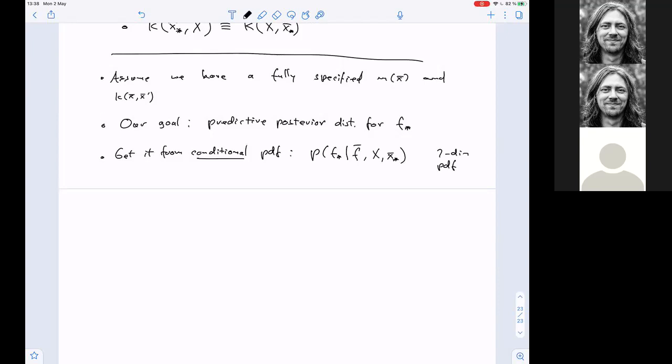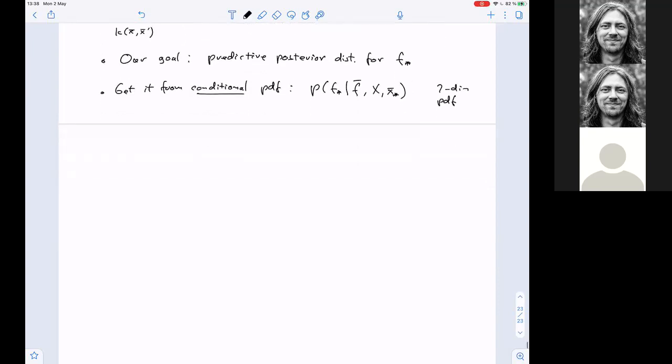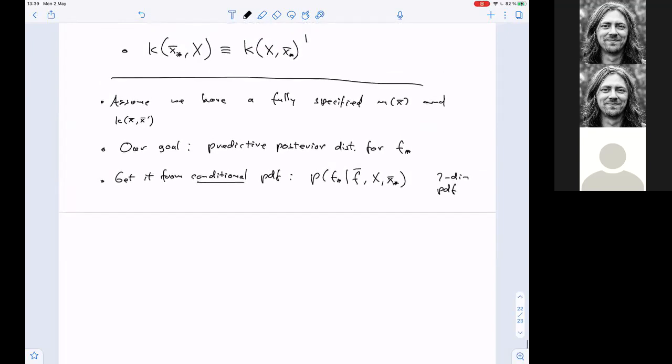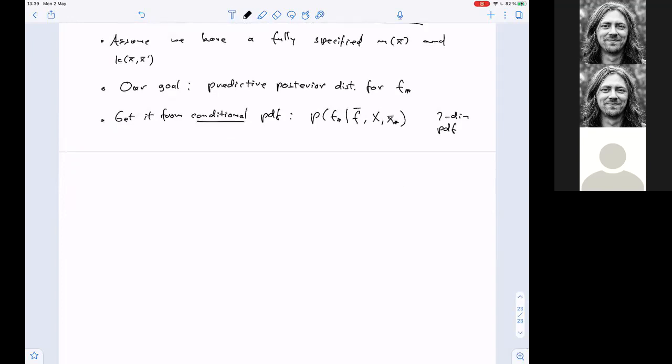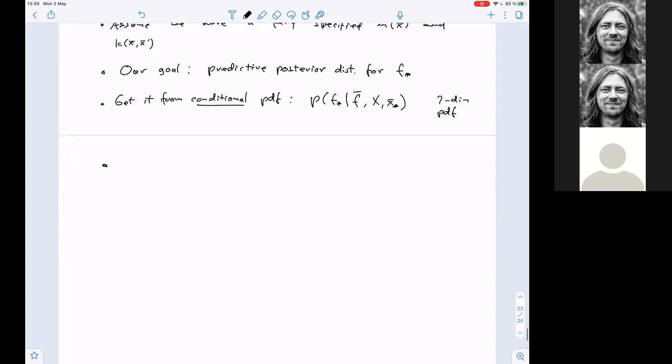Because we restricted ourselves to only working with Gaussians, we know now that this conditional PDF will also be a Gaussian, and we have analytical expressions for its mean and variance. I'll not derive those expressions, but you'll find them in the appendix of the Rasmussen and Williams book.